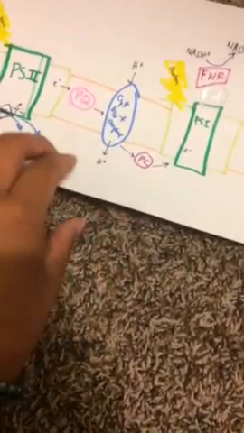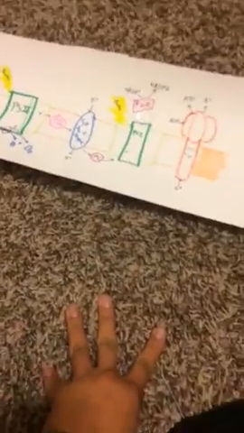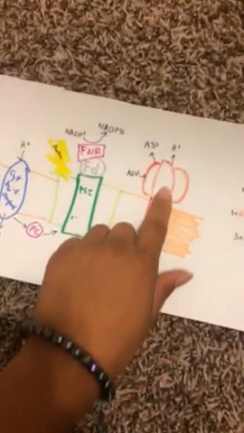So now that there are so many hydrogens inside the lumen, another protein complex, which is ATP synthase, realizes that there's a high concentration of protons inside the thylakoid, so it starts working and pushing those hydrogen ions out.